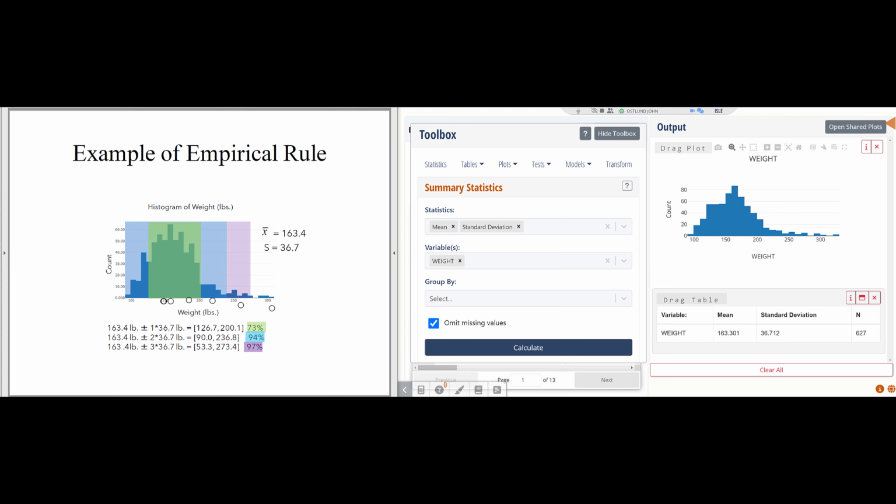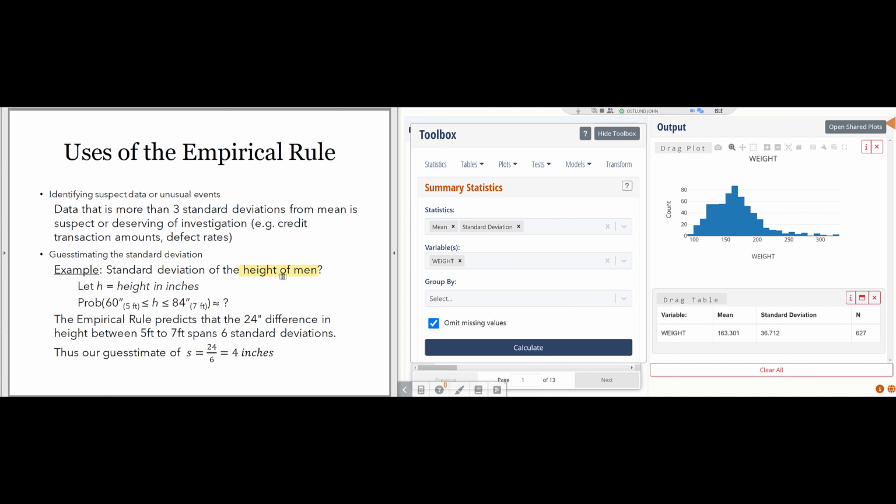Why can we do that? Well, here in this illustration, notice that we have approximately 2/3 of the values between plus and minus 1 standard deviation, approximately 95% of the data around plus or minus 2 standard deviations, and almost all of the data around plus or minus 3 standard deviations of the mean.